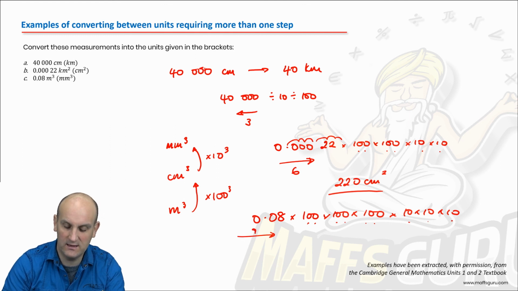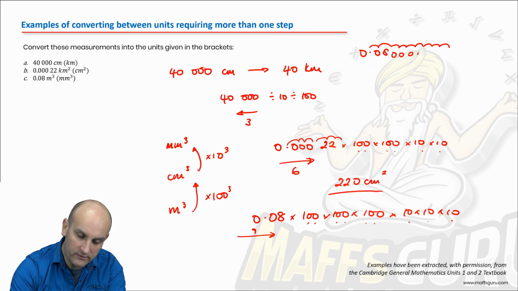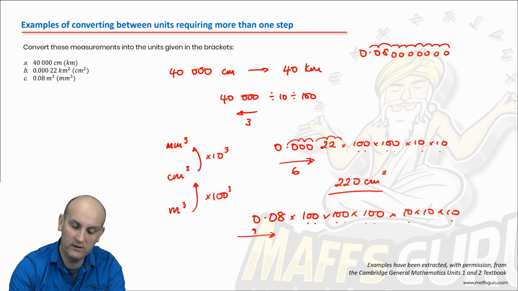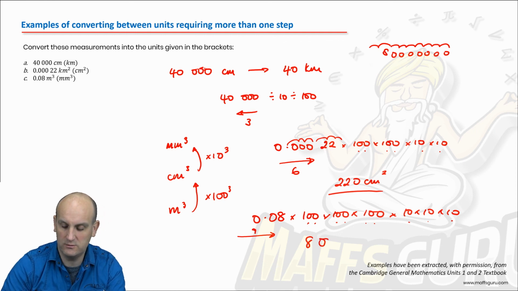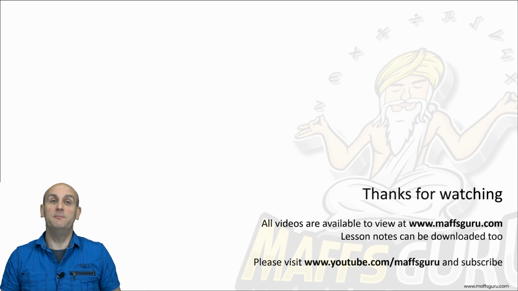I've got to move it that way 9 times. 0.08, so 1, 2, 3, 4, 5, 6, 7, 8, 9, which gives me 8 and 1, 2, 3, 4, 5, 6, 7 zeros in millimeters cubed. Flipping big number, yeah? And believe it or not, that is it.